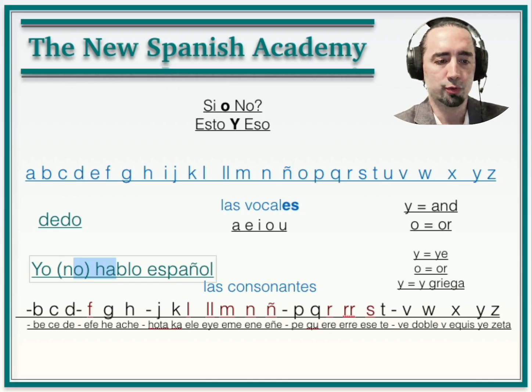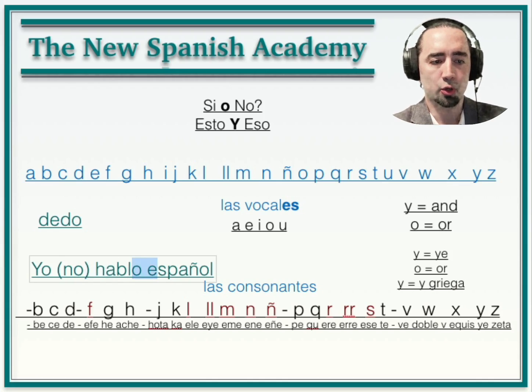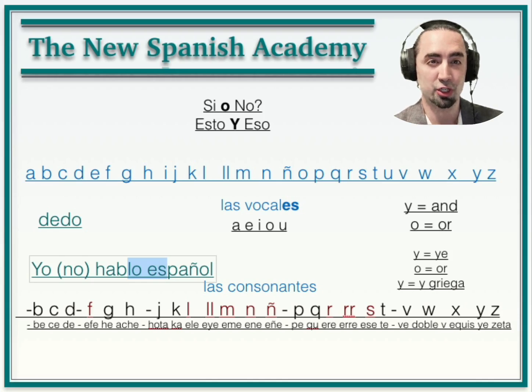And the same thing goes for español. Hablo español. So we have lo español. What you want to do is a beautiful transition between o and e. Lo español, lo español. Hablo español. And this is great, for example, if you're Chinese.